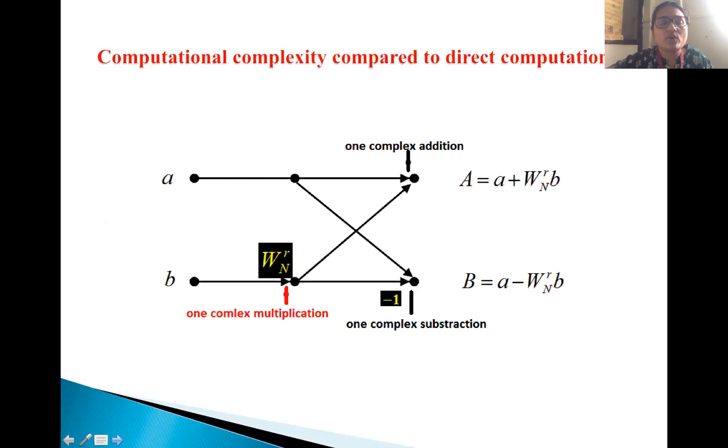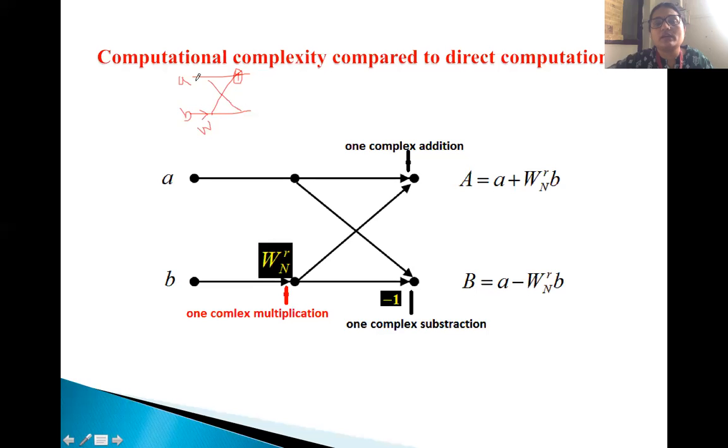Now, while performing DFT computation, we will be adopting this butterfly structure. Let us say here is 1 input, and here is the second input. Then multiplication by the twiddle factor is taking place, and here is the addition of these 2 inputs.